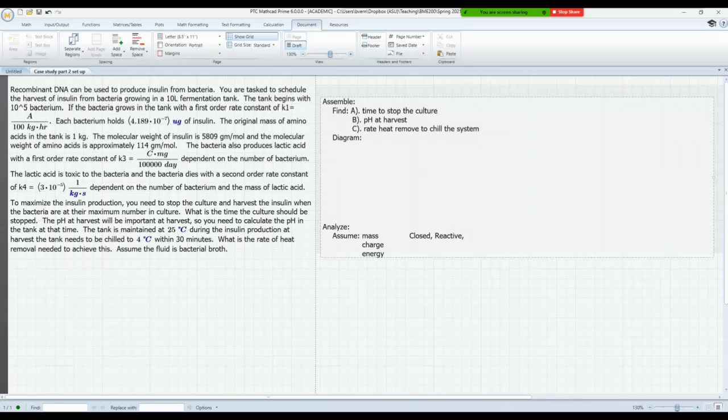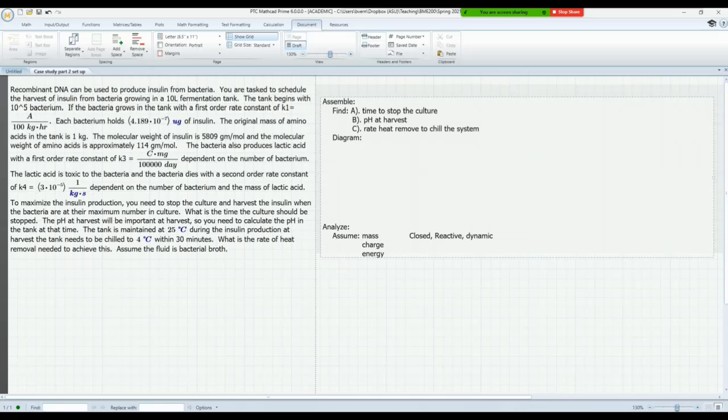And then it's also going to be dynamic in that the extensive properties, the mass of each of the items in here, and the pH basically is going to change, and the energy is going to change, especially when you go from 25 to 4 degrees C.